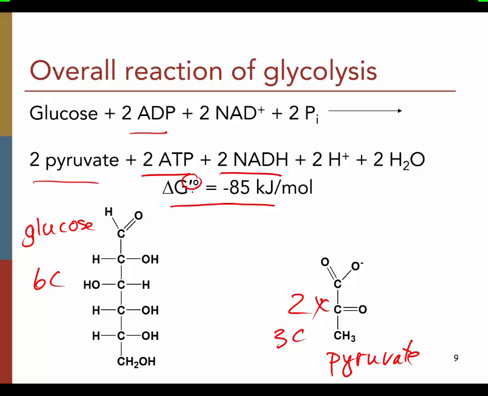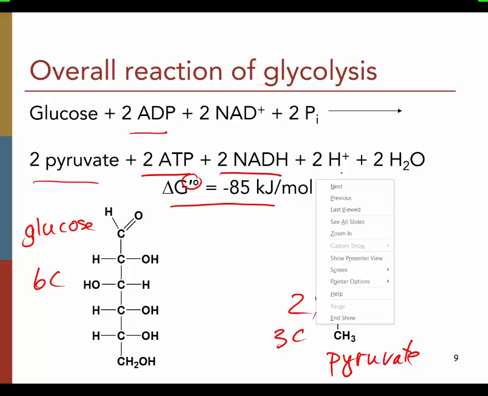Yes. So if magnesium was a substrate or product, then it would not be at 1 molar. If protons were involved, it would not be at 1 molar. So we're just saying this is a normal system. We're not going to have a pH of -1, right?